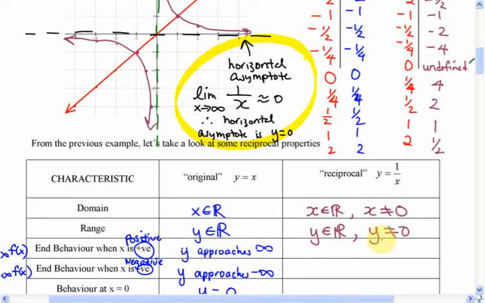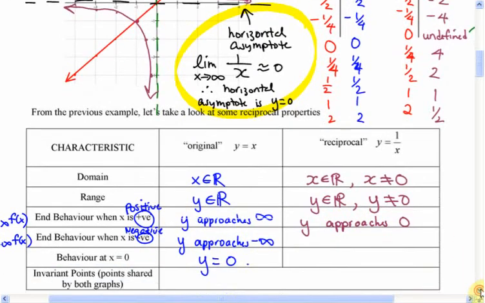Now, this is interesting. What about the end behavior? When the reciprocal function is at infinity for x, what is its y value here? So what do we get? Closer and closer to 0. So I'll say here y approaches 0. And what about the end behavior when it's negative?